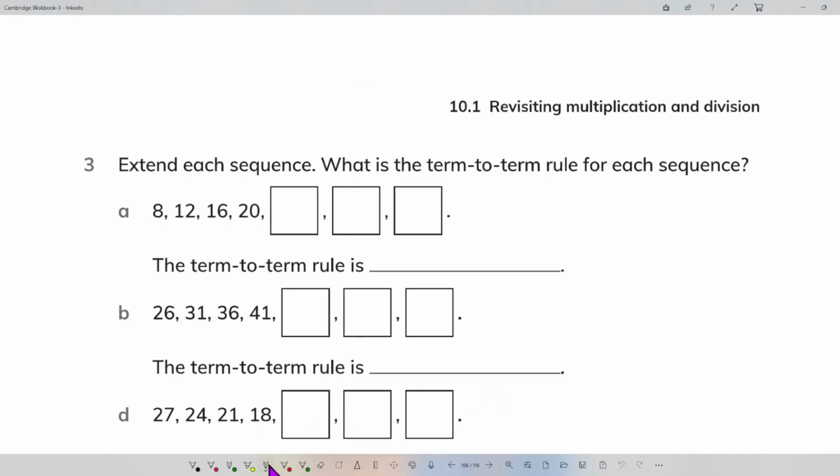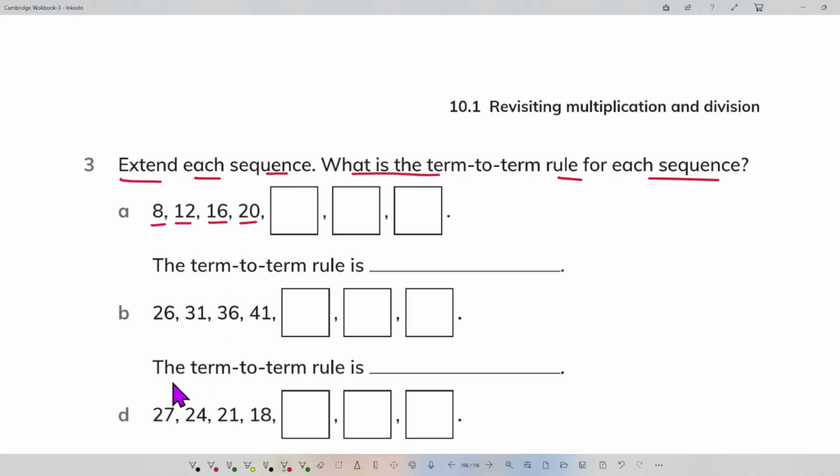Number 3, a very interesting and important question. Extend each sequence. What is the term to term rule for each sequence? Here is 8, 12, 16, 20.